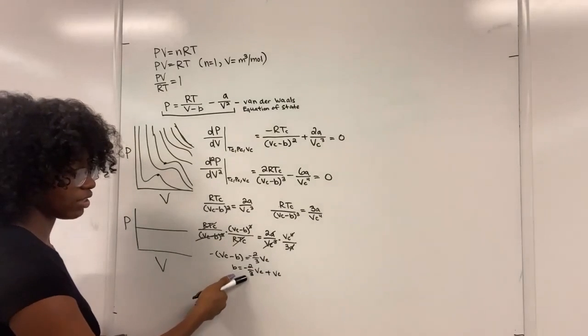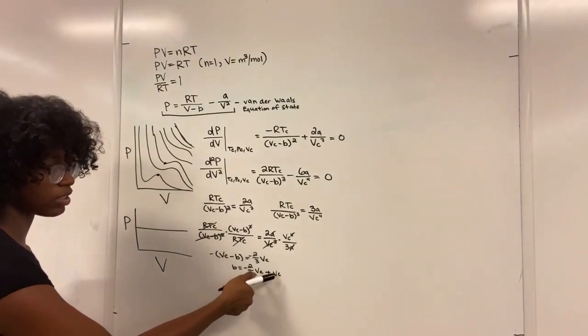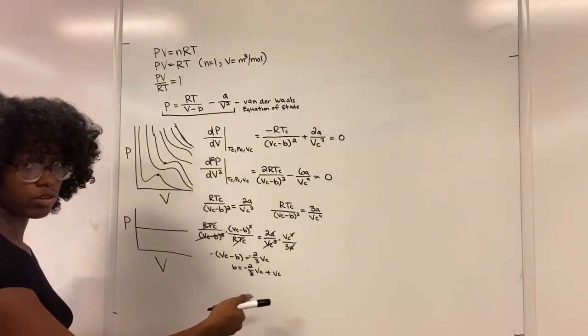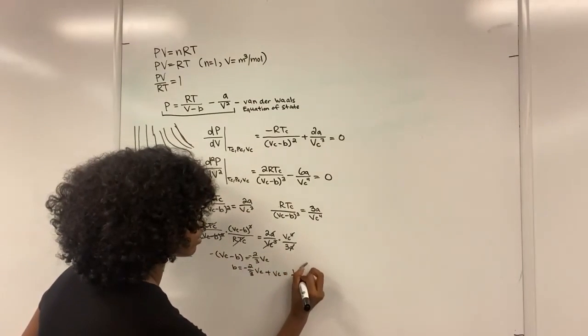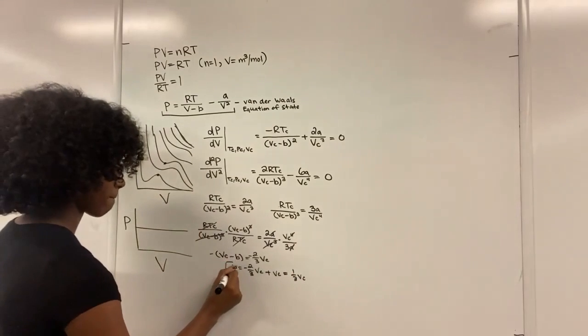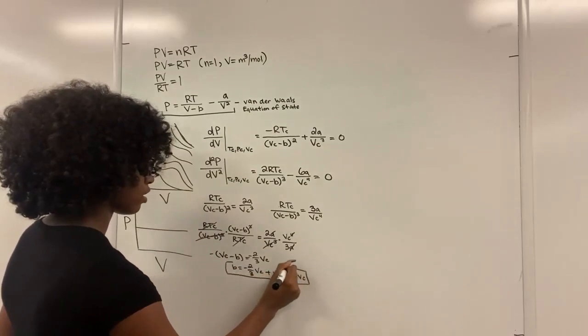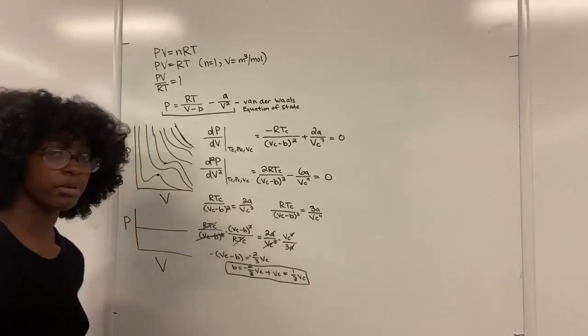And if this is negative 2/3 of the critical volume, then this becomes 3/3 of the critical volume, which leaves us with 1/3 the critical volume. And that is our equation for B.